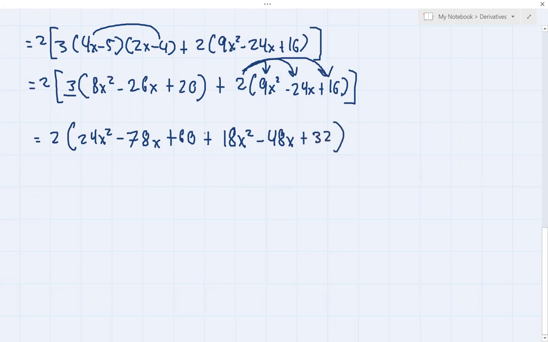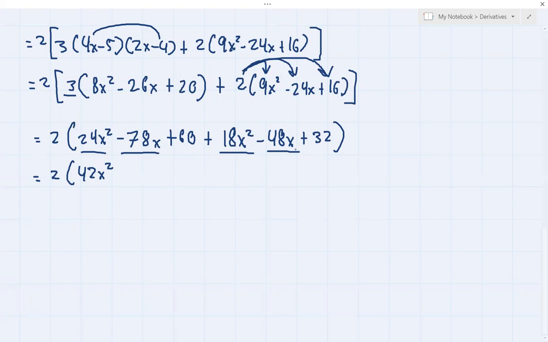Now, let's combine similar terms. 24x squared and 18x squared are similar, so let's combine them. 24x squared plus 18x squared becomes 42x squared. Next, negative 78x and negative 48x, we will combine them because both of them are similar.